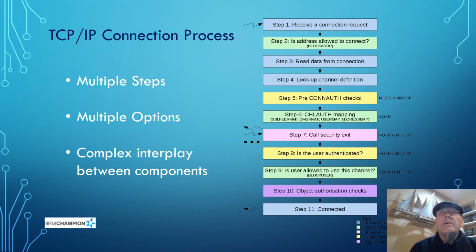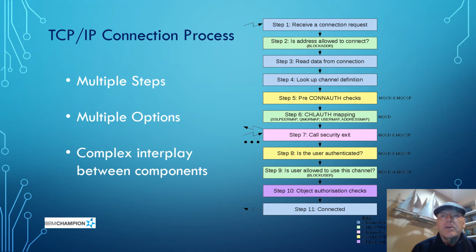The TCP process for these kind of client connections coming across the network can be fairly complicated. You can see here, step one, we have an incoming TCP request. Then we basically say, well, is that address allowed to connect to me? That's a channel authentication rule. If so, I'm going to read the data from the connection. I look up some channel information. I perform some checks.